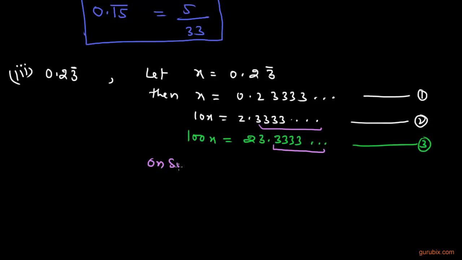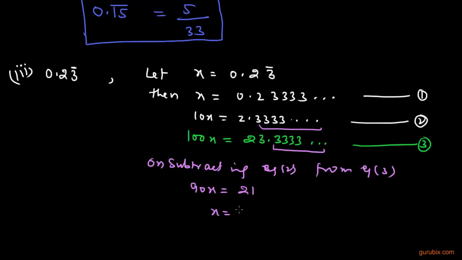So on subtracting equation number 2 from equation number 3, what do we get? 100x minus 10x means 90x, and 23 minus 2 means 21.